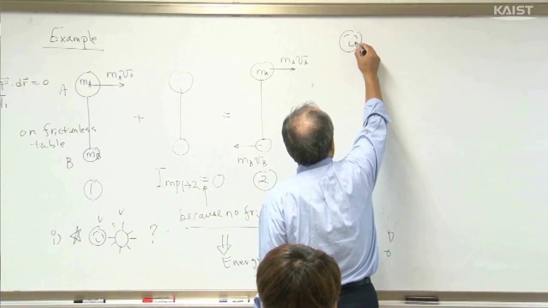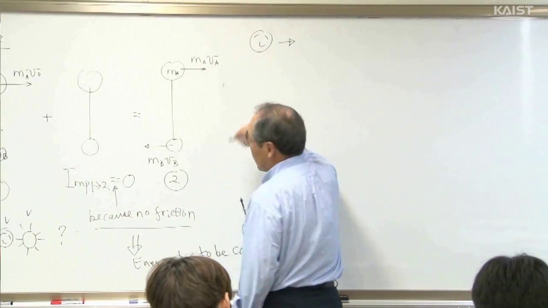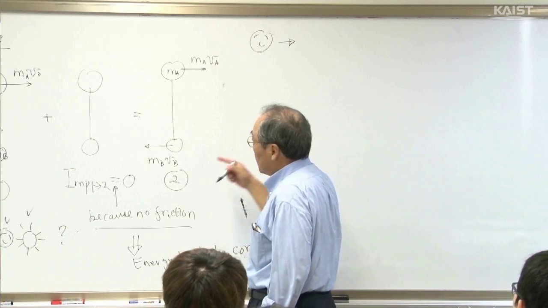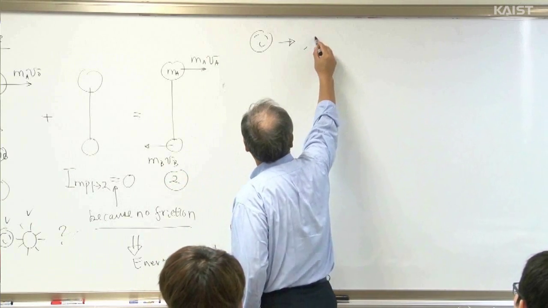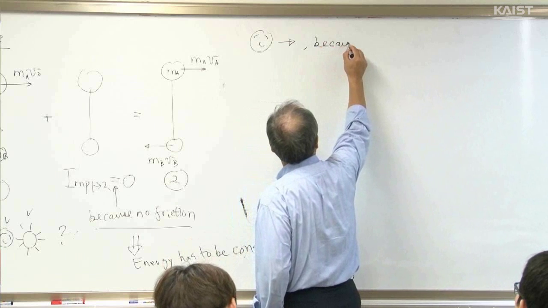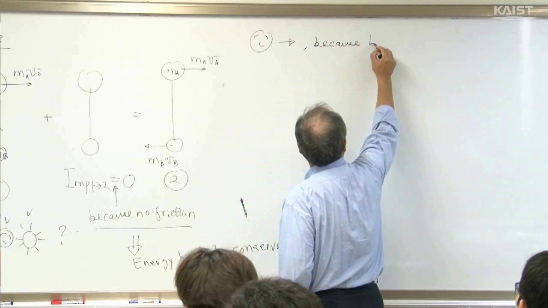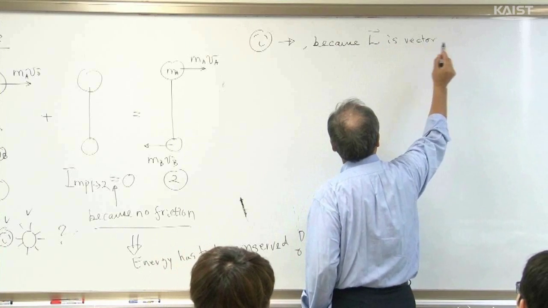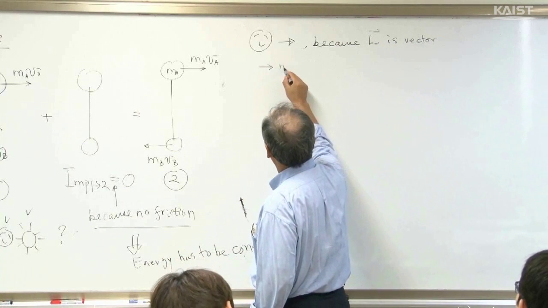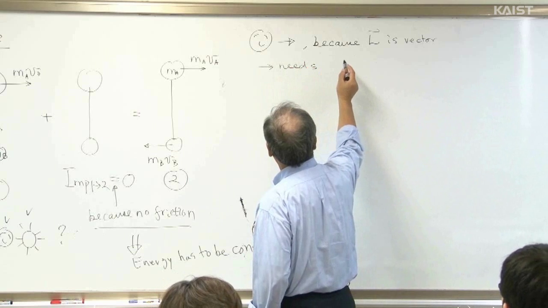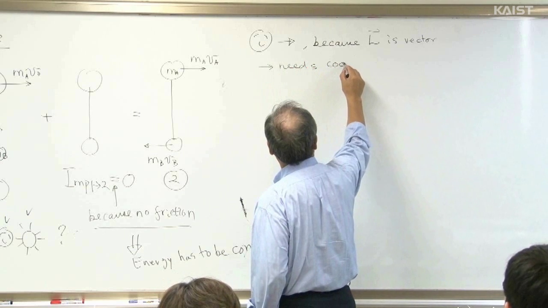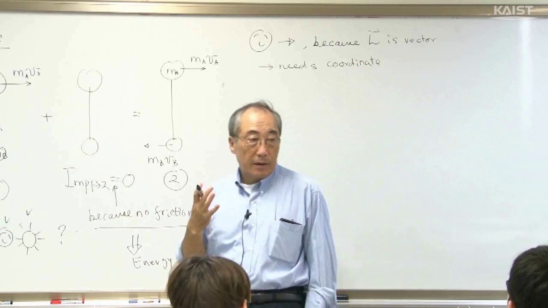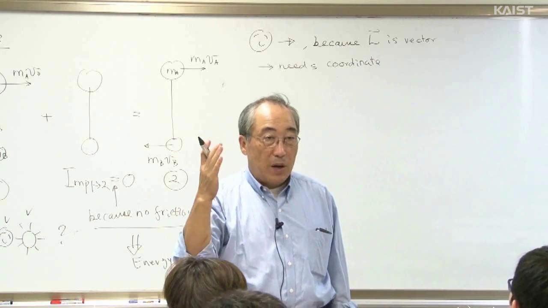Let's see what it says. Okay. So because it's a vector, we need coordinate, right? So please follow my reasoning.